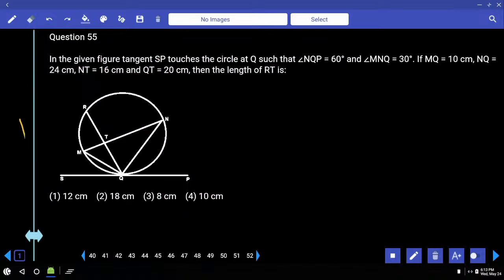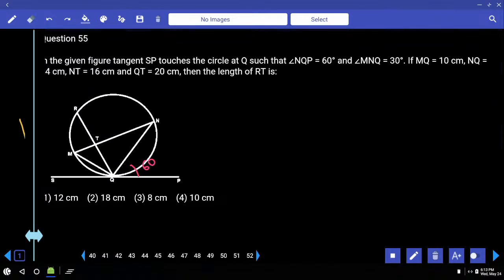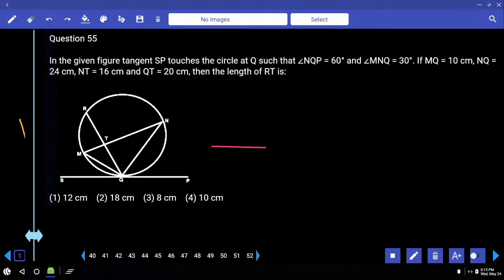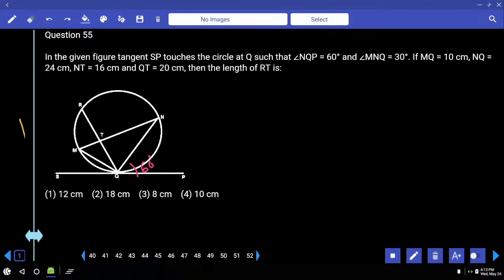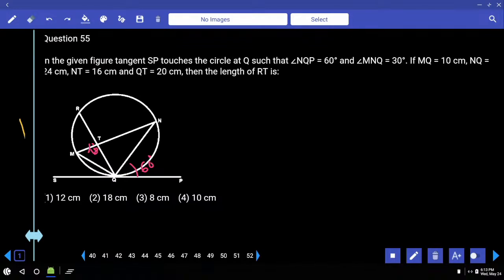In the given figure, tangent SP touches the circle at Q such that NQP is 60 degrees. If NQP is 60 degrees, you know the alternate segment theorem, so the angle here will also be 60 degrees.